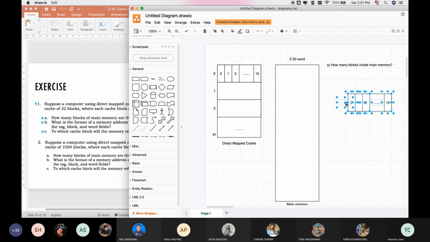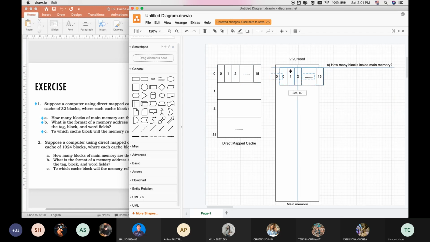So I copy it here. Because the block size is the same, the cache has 16 words, so RAM also has 16 words. And you see that RAM has 2 power 20 words in total. To find out how many blocks are inside, you can just make a division.